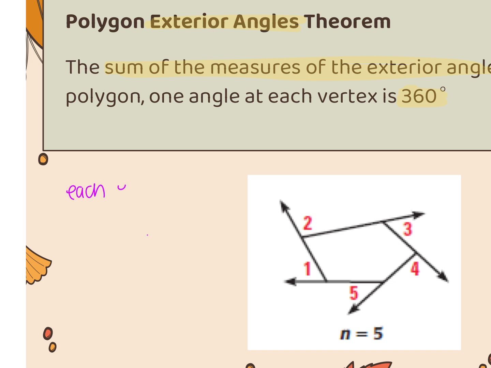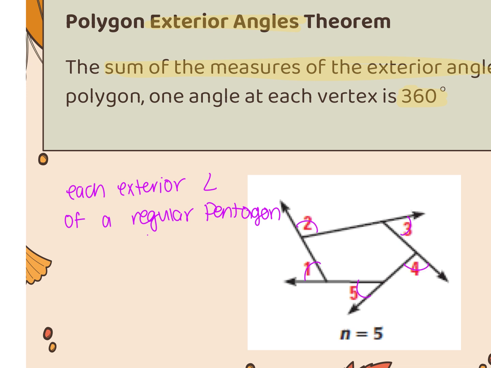If they were to ask for each exterior angle of a regular pentagon, meaning it's a perfect shaped pentagon, everything is congruent, all my sides and all my angles. They're asking for each angle. They're all going to be the same.